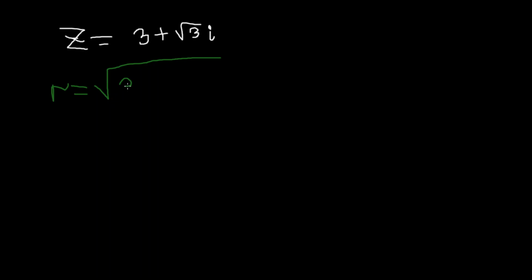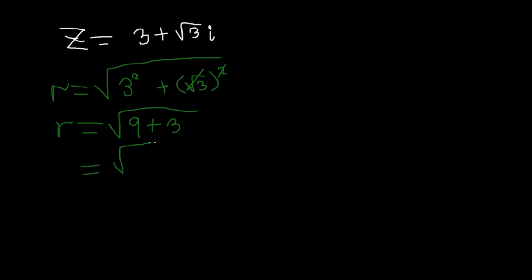So r equals square root of 3 squared, we're using the formula from before, you should have that, 3 squared plus square root of 3 squared. So r equals 9 plus 3. The square root and the square cancel out, which equals square root of 12. So this is our r value.